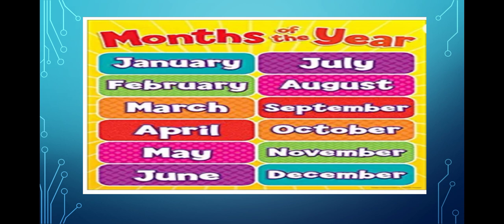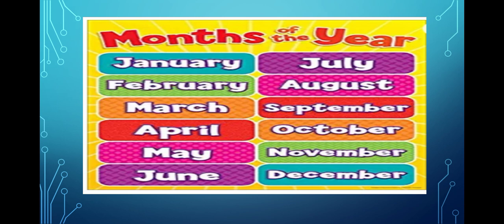Which hand moves faster? Minute hand moves faster or hour hand moves faster? Minute hand of a clock moves faster, right? So if the question comes like that, you have to write minute hand of a clock moves faster.